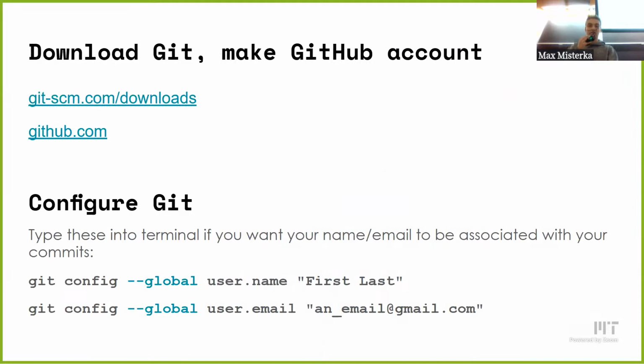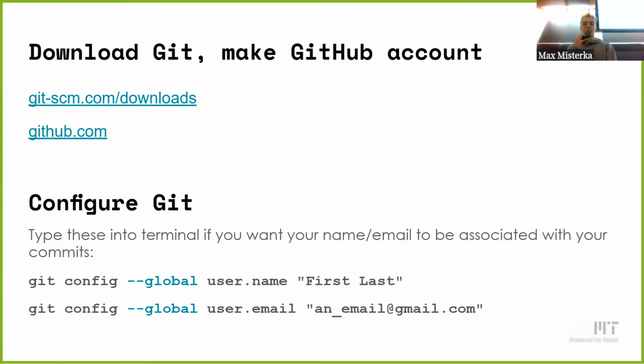So some things you might want to do when you're using these. First, you have to download Git, of course. Here's a link right here. And you should also make a GitHub account if you want to collaborate or if you want to publish your code. That's github.com. And in Git, if you want to set your username and email, then you just use these two commands at the bottom: git config --global user.name and user.email.